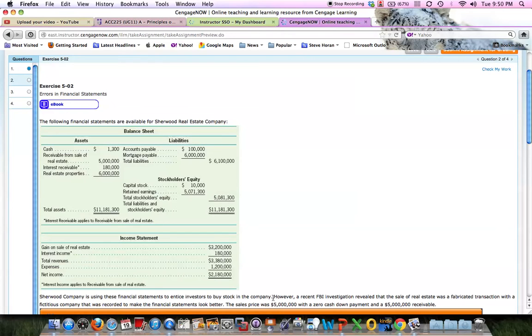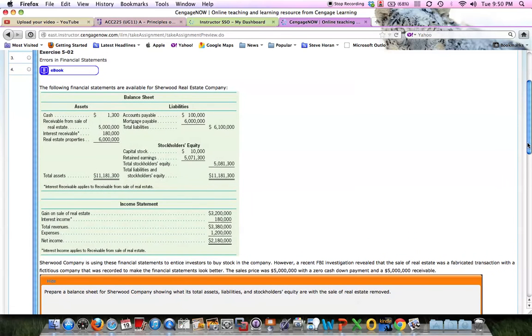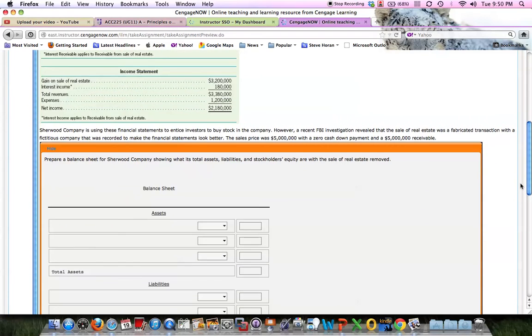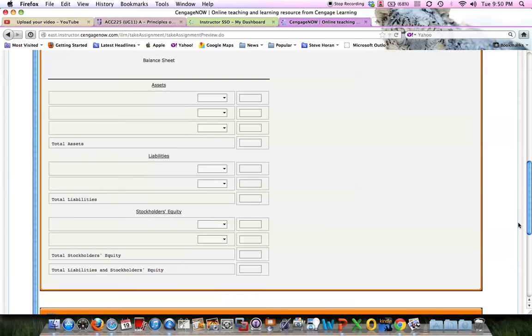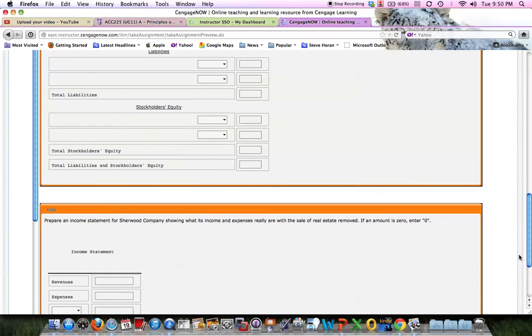A $5 million sale price of some real estate with zero cash down and a $5 million receivable. Okay, and so they are basically showing us the fictitious financials, and then the goal of the problem is to fix the financials and show something that is real without the intentional fraud.